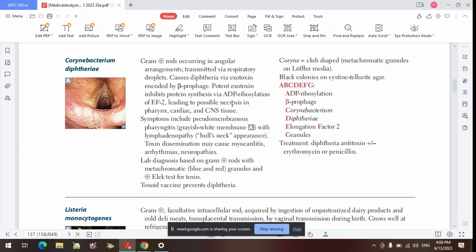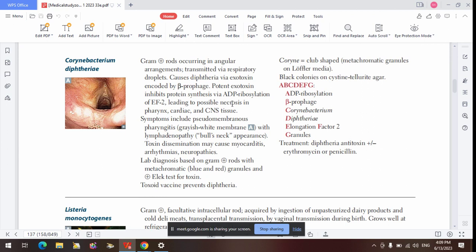When that happens, you prevent production of protein at the pharynx. So the pharyngeal mucosa becomes sloughed off and necrotic. The person can develop pharyngitis with pus.